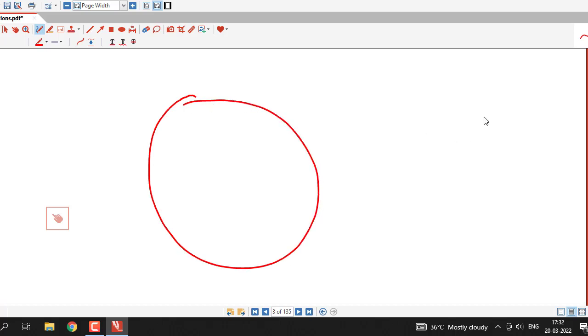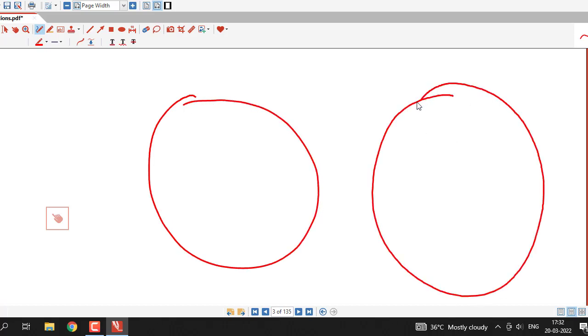Suppose I consider a function from one set to another set.